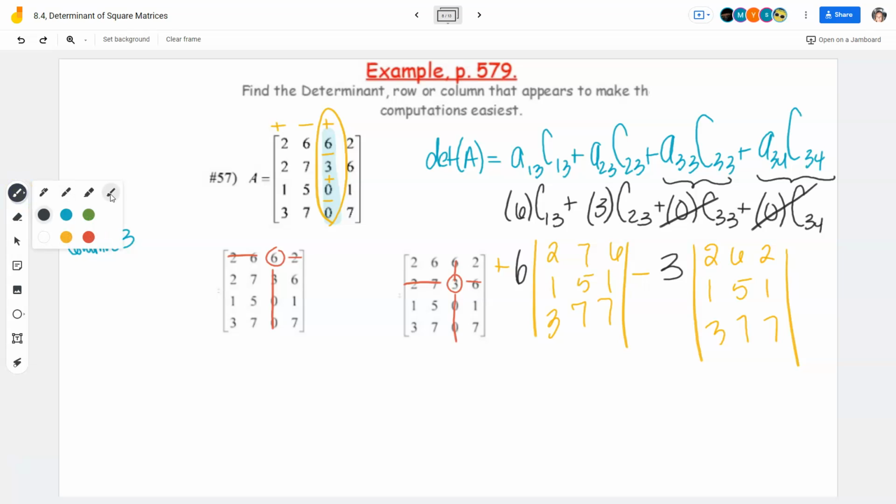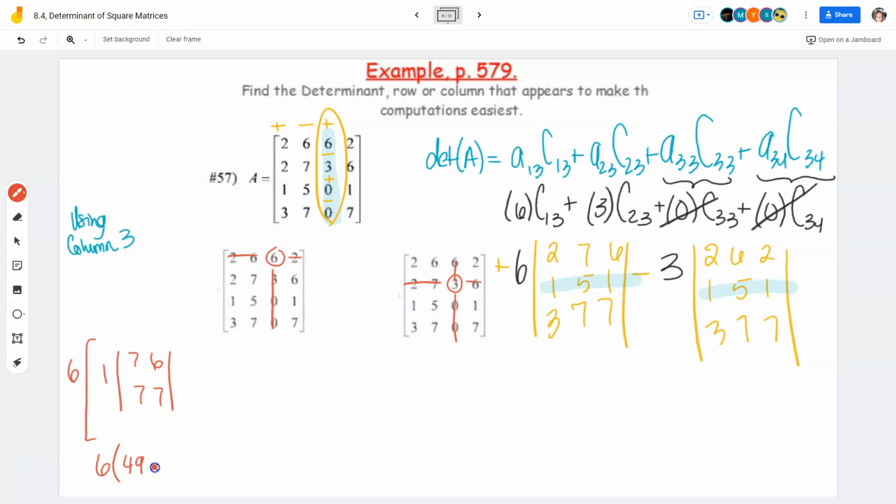So ready? What will we have to do next? We have to choose any row, any column, and go again. So my final solution would look a little something like this. I would end up with a 6, and that 6 would be multiplied by a 1 with his minor, which would be 7677, which I could then go ahead and get to be 6 times 49 minus 42.